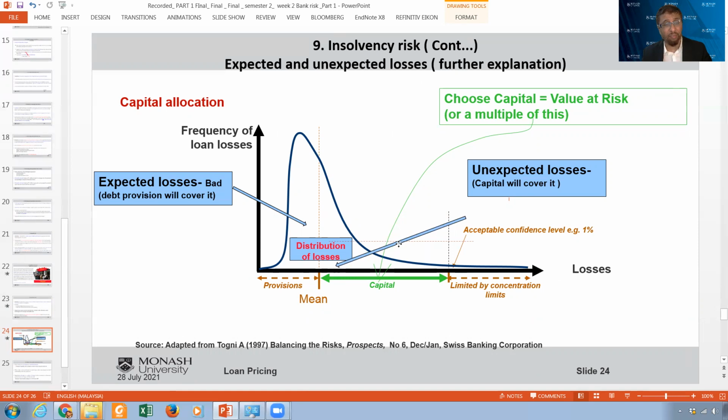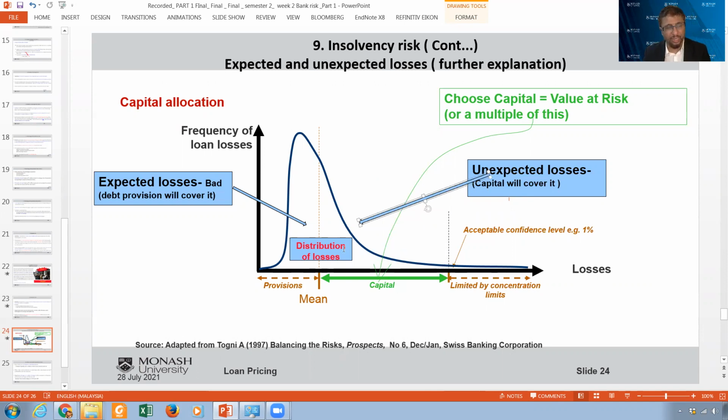I can survive with losses until I reach here. When I reach here, this is 99% confidence, and this is the 1%. Then I am bankrupt. So this is how we measure capital risk.